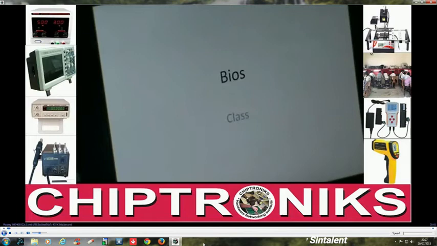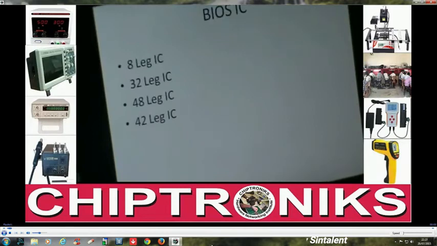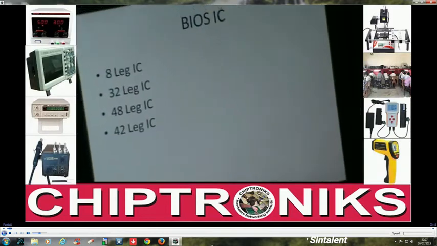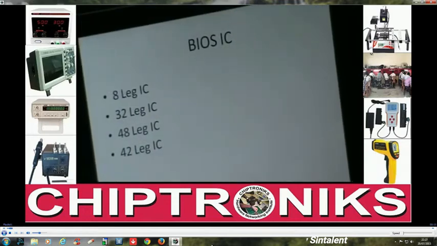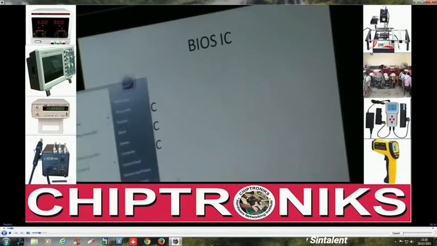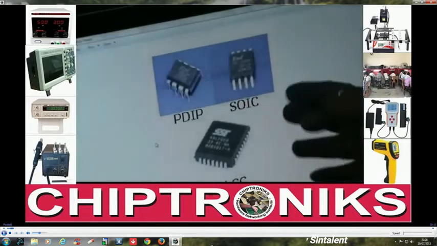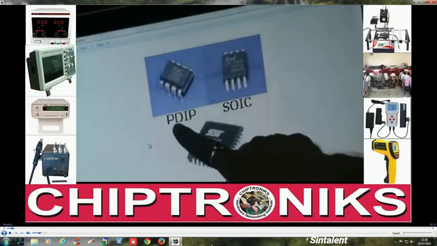Hello everyone. Today we discuss BIOS. In the market, BIOS ICs are available as 8 leg IC, 32 leg IC, 48 leg IC, 42 leg IC. Here I will show you BIOS. This is the PDIP IC.